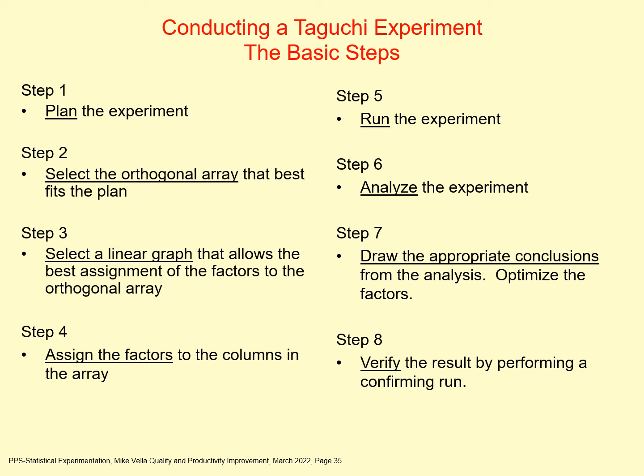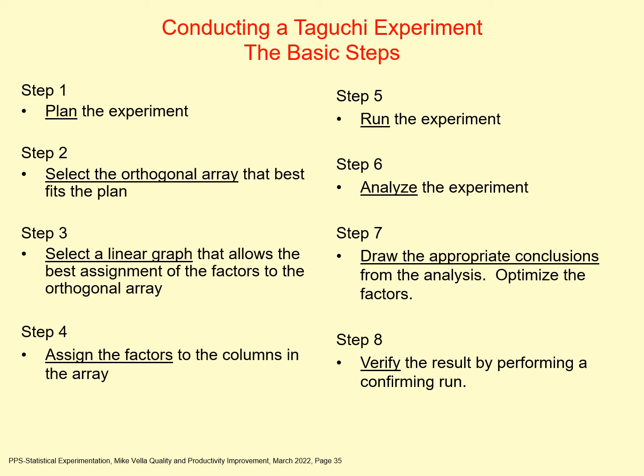First, and arguably the most important, is to plan the experiment. Second, to select the orthogonal array that best fits the plan. Third is to select a linear graph that allows the best assignment of the factors to the orthogonal array. Step 4 is to assign the factors to the columns in the array.